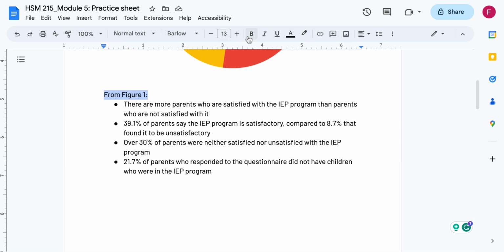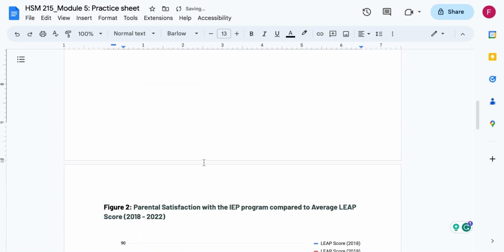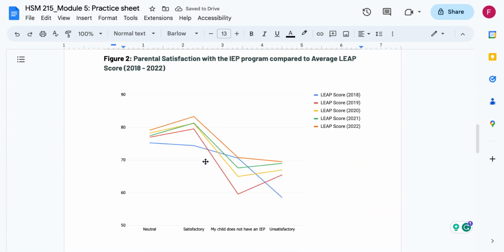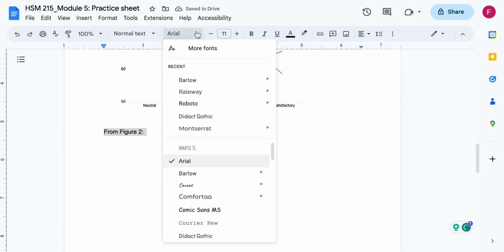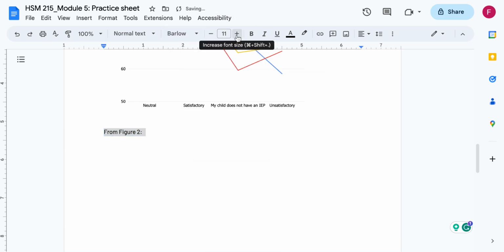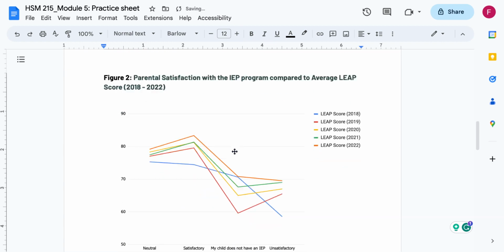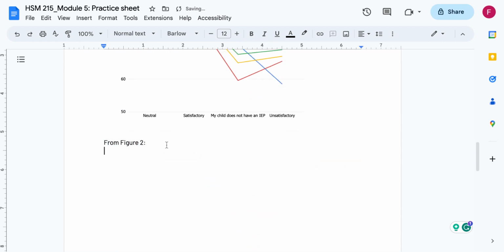Let's go in and interpret the result from the line chart. So once again, we go back and say from figure 2, and let me make sure that we all have the same number in it. So from figure 2, let's put bullet points once again.